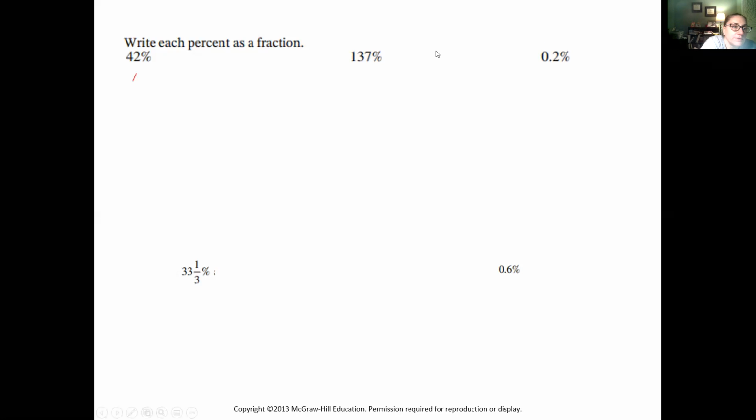So we can go 42 over 100, and then it can reduce. We get 21 over 50. And then you can also do 42 over 1 times 1 over 100. Get the same.